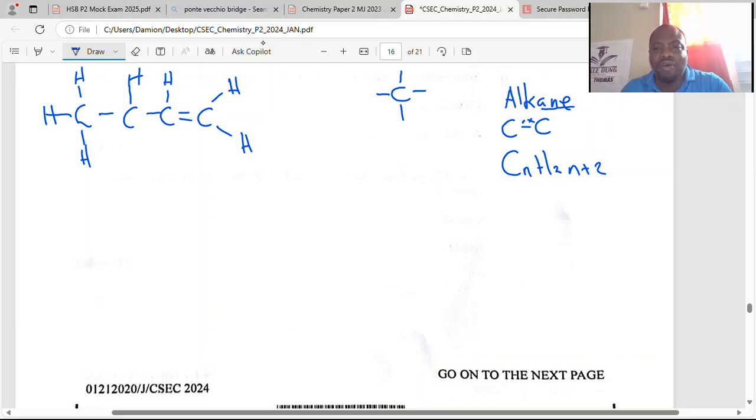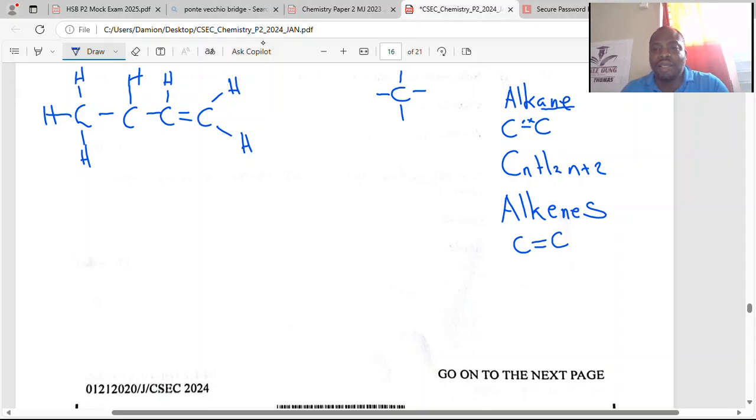Now, in organic compounds, we also have the alkenes. And the alkenes have the carbon to carbon double bond as their functional group. Once you see this, it simply means you're now in the realm of the alkenes, the homologous series of the alkenes.